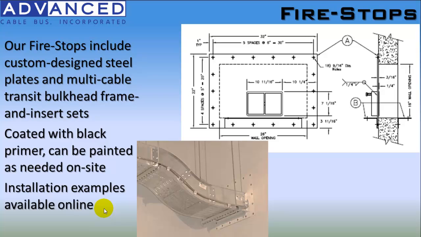The installation examples for the fire-rated inserts and how to tighten and achieve a fire-rated seal are available as online video clips that are provided by the fire stop manufacturer's website.